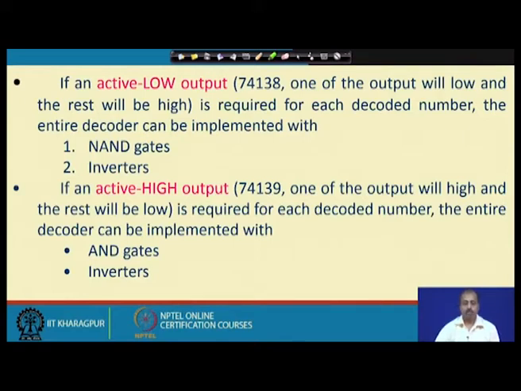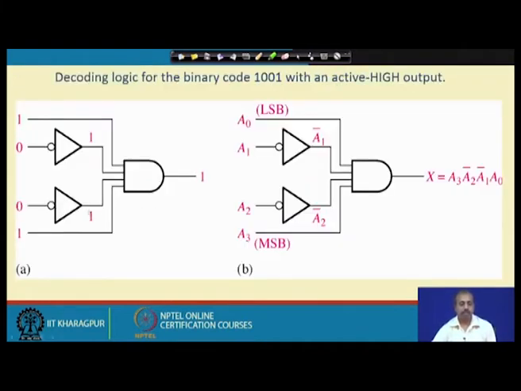In the case of the active low output type of decoder, the entire decoder can be implemented with NAND gates and inverters, whereas the active high output decoder can be realized using AND gates and inverters. As we have seen previously in this diagram, I was looking for active high output, so I could do that using inverters and AND gates. If I was looking for active low output, then I have to use inverters and NAND gates.